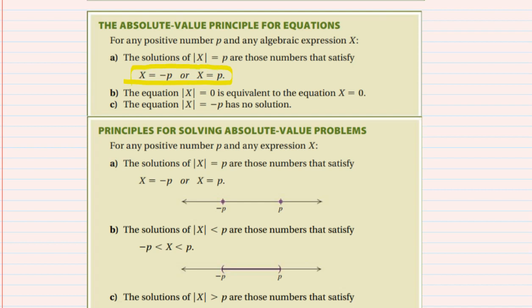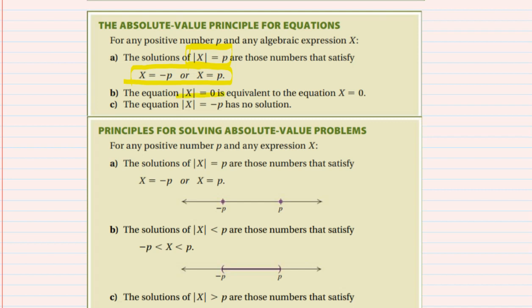That would be the translation of the absolute value. Notice when we translate it, we lose the absolute value symbol. Therefore, the absolute value of x equal to p, where p is a positive number, becomes x equals negative p or positive p. We'll go through numerous examples. I will clarify these for you.